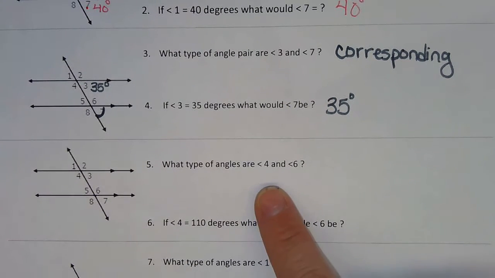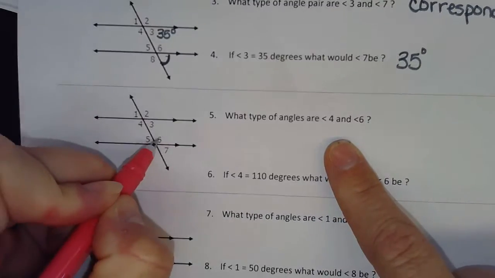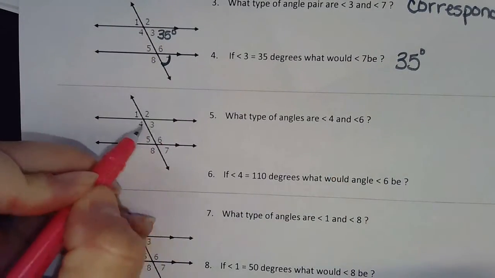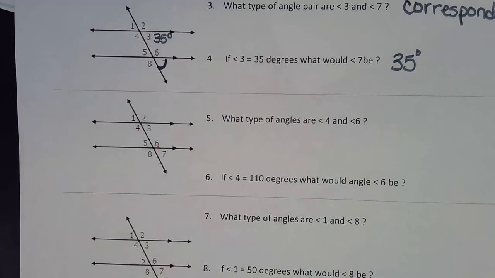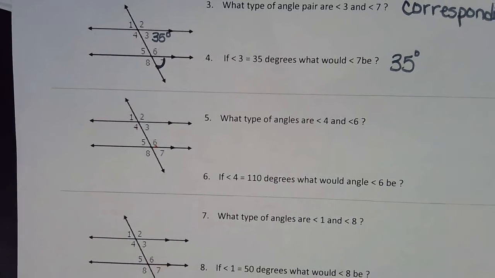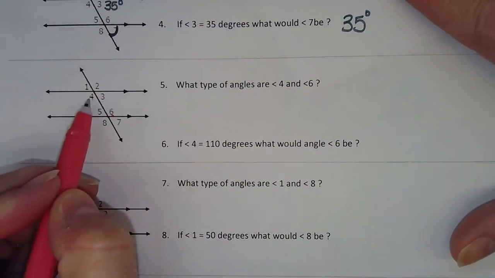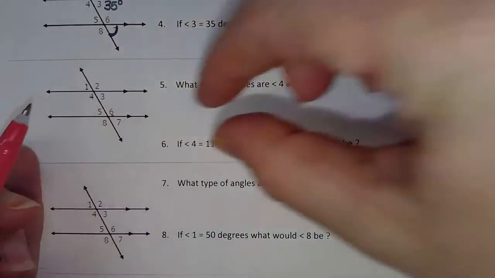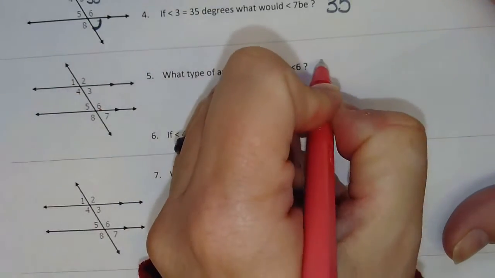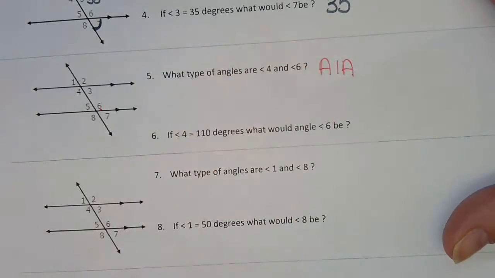Okay, number 5, what type of angles are 4 and 6? So looking at angles 4 and 6, what do we call them? Alternate interior, because they're on opposite sides of the transversal. They're in between the parallel lines, so they are alternate interior angles.